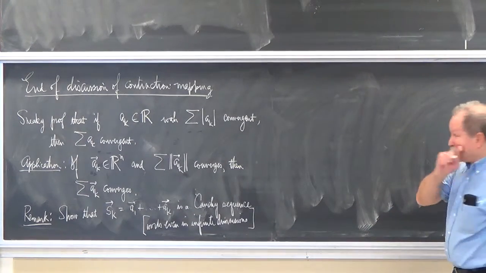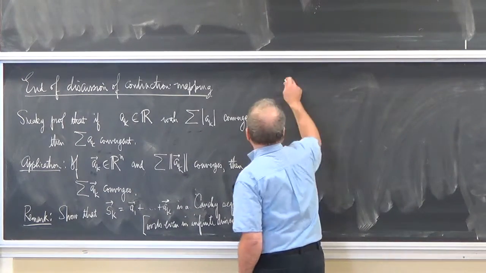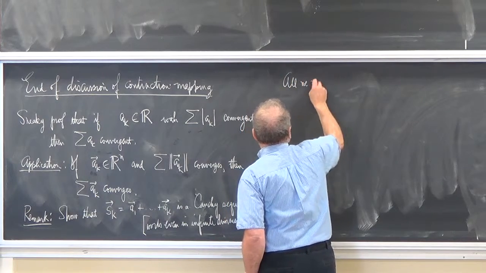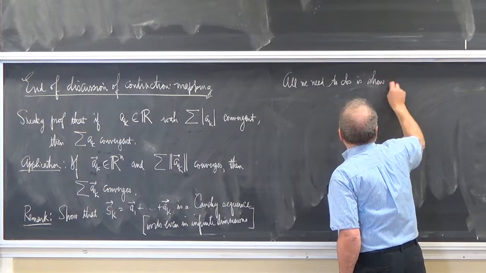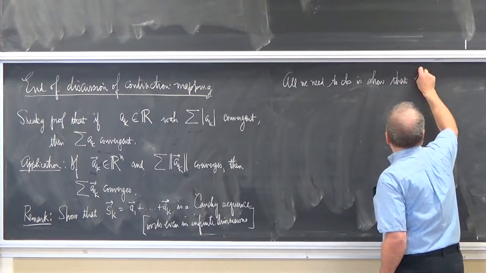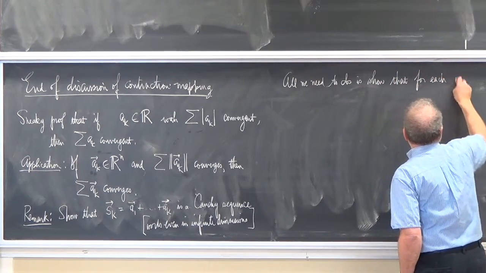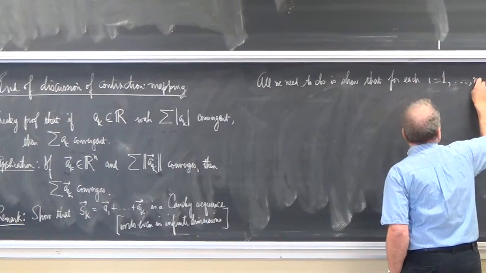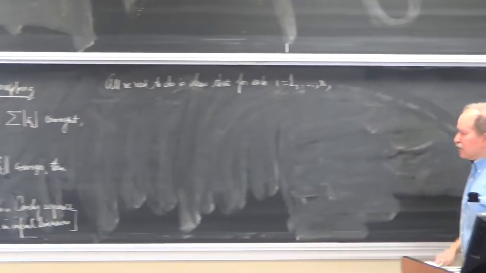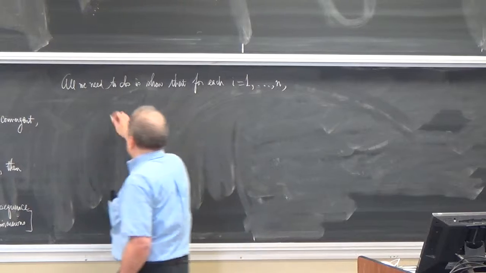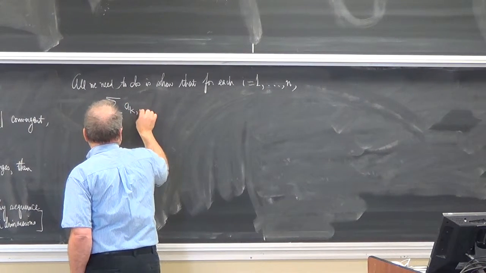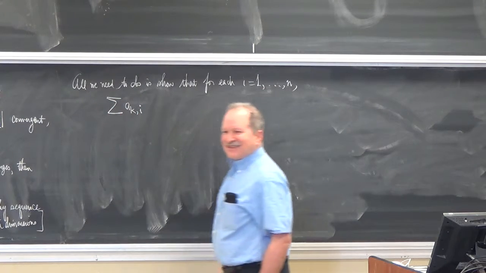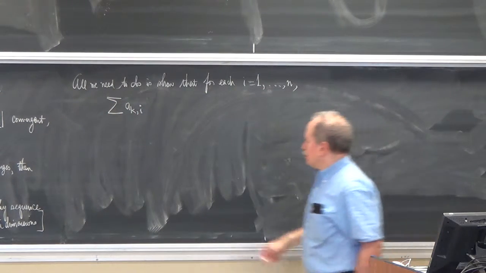I'm just going to do the proof that Yumeng and Daniel were suggesting. All we need to do is show that for each component, so you have n components to your vectors, take the ith component of the vector AK.